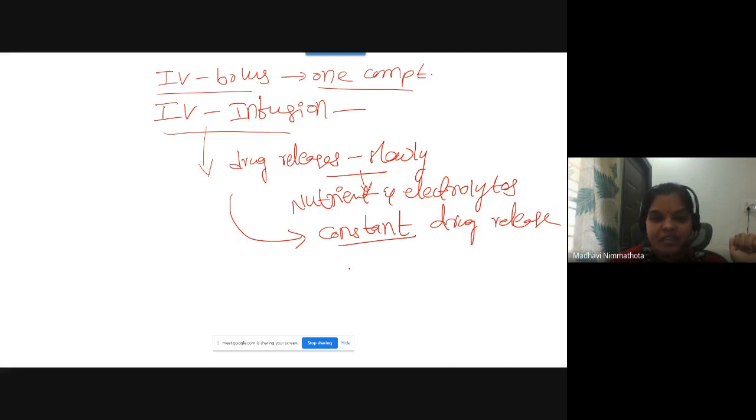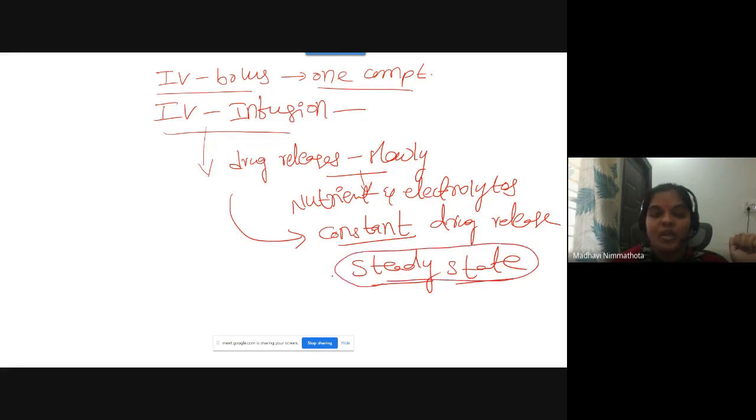And in this IV infusion, we need to get a steady state infusion. Steady state means the drug will be continuously released up to a constant period of time. So this is what IV infusion is about.